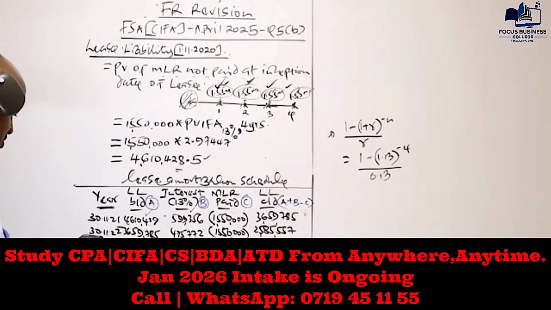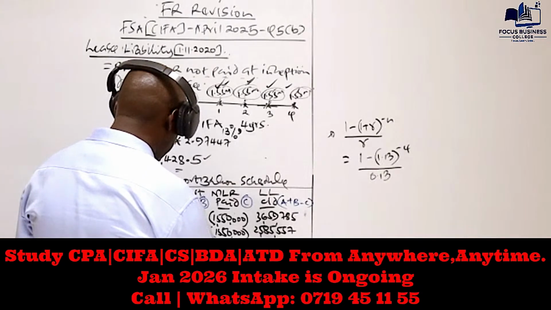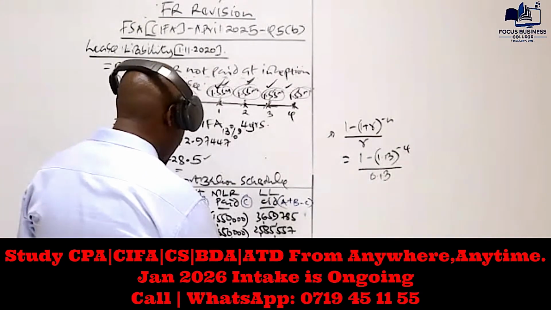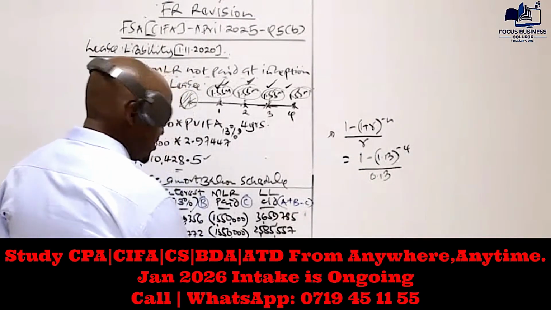Yes. So let's work out the lease liability at the end of year three. We have 2,585,557 minus 1,550,000. Yes, and basically here I'm getting 1,371,679.